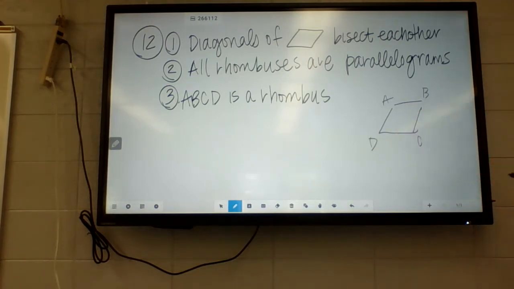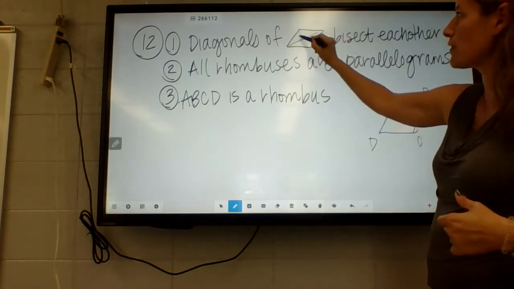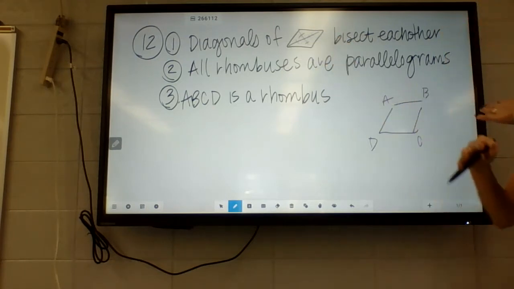We know that all rhombuses are parallelograms. So this rhombus that's also a parallelogram is ABCD. Then I know that the diagonals of parallelograms bisect each other, so two equal parts are formed.